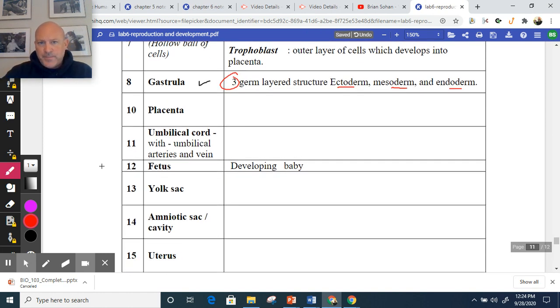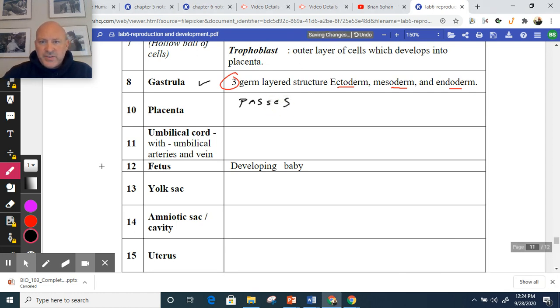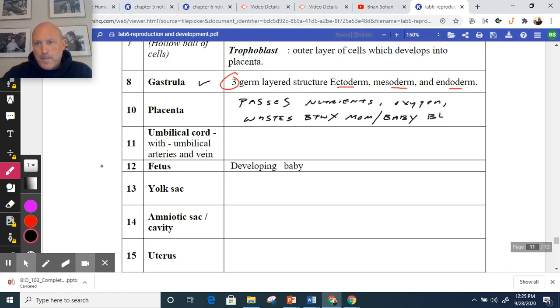The placenta passes nutrients, oxygen, wastes between mom and baby's blood.